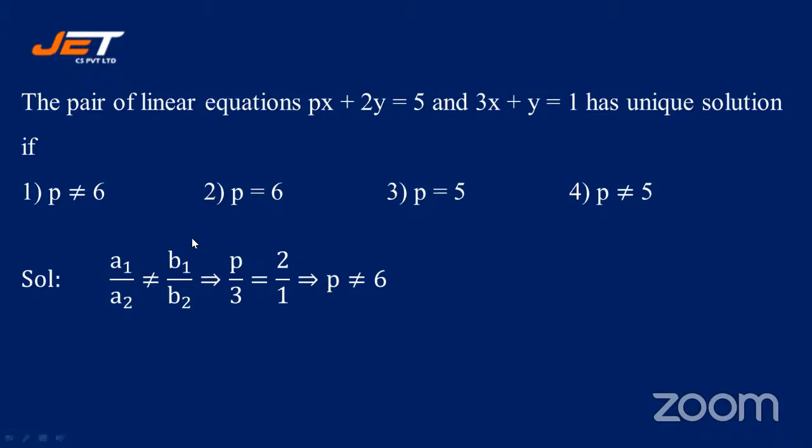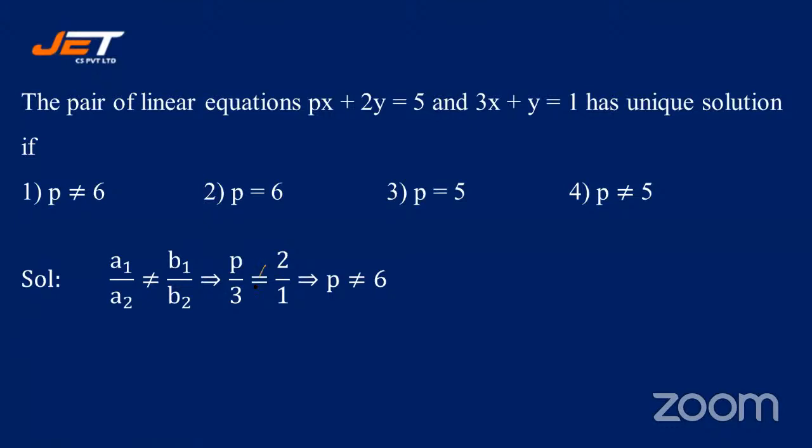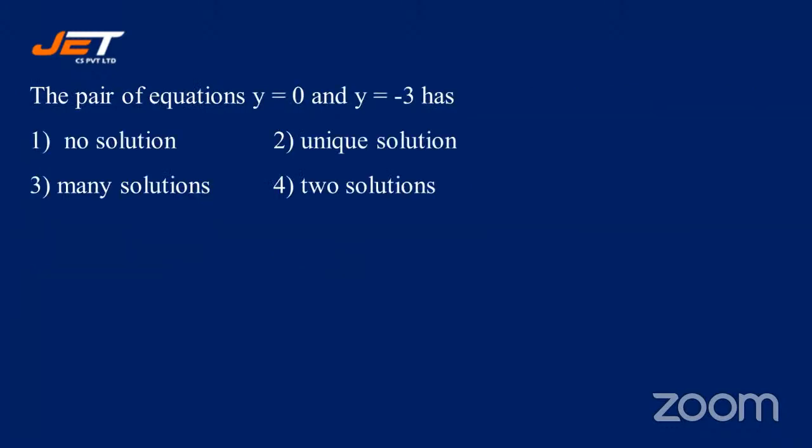All right. Just a second. Let me quickly correct this. So p is not equal to 6. That is how option 1 is correct. All right. With this, we are moving on to the next question.